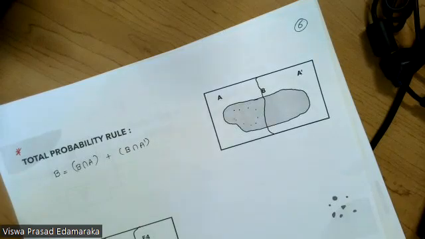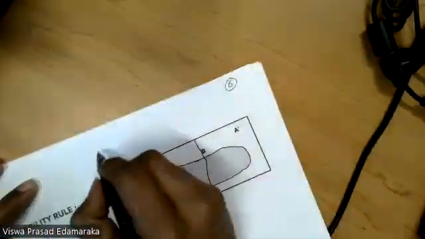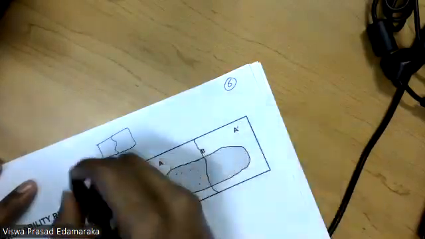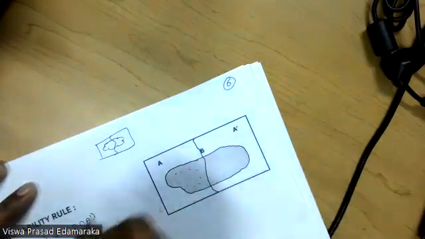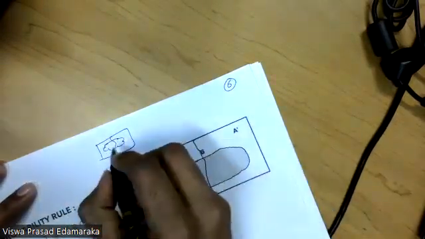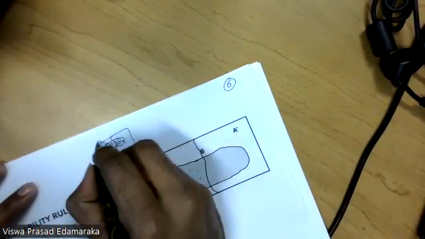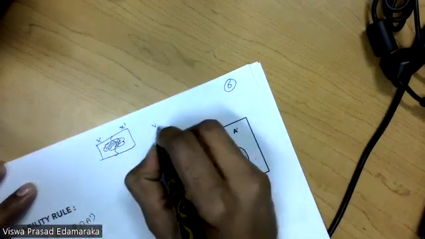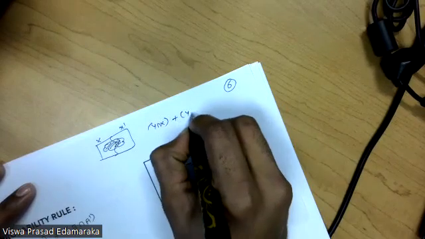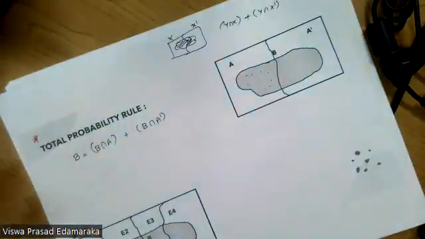We need not remember all those formulas. Simply draw an event, and draw a known event inside that. For example, this is X, this means X dash. I need Y: Y intersection X plus Y intersection X dash. That's it. This is the total probability rule.